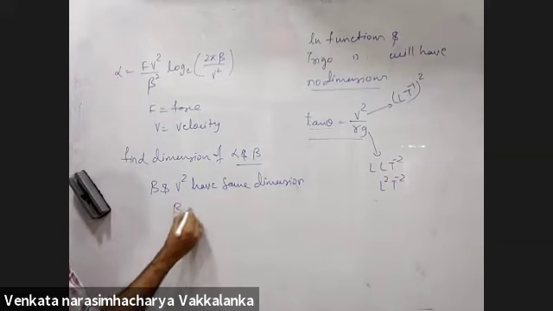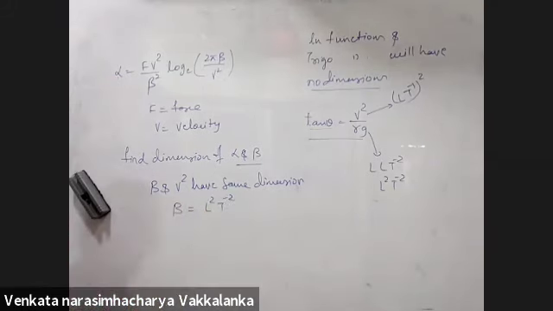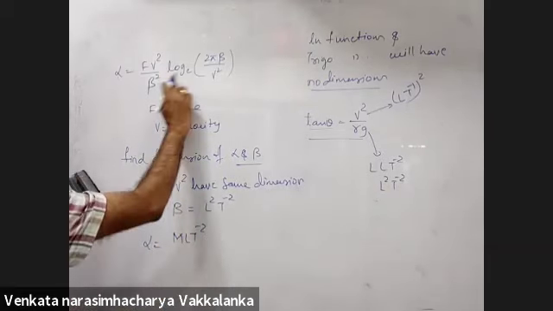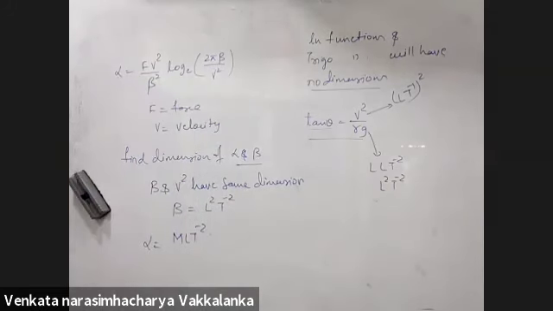Beta's dimensional formula is L to the power 2 t to the power minus 2. Now alpha is force, M L t to the power minus 2, velocity square. Is velocity square in beta square dimension? No. Beta and v square are the same dimensions. So I'll be left with one beta in the denominator.